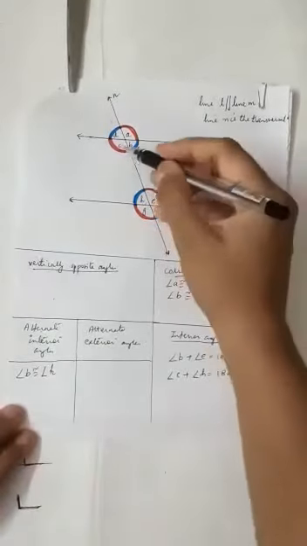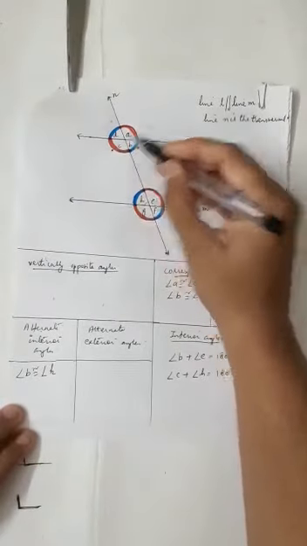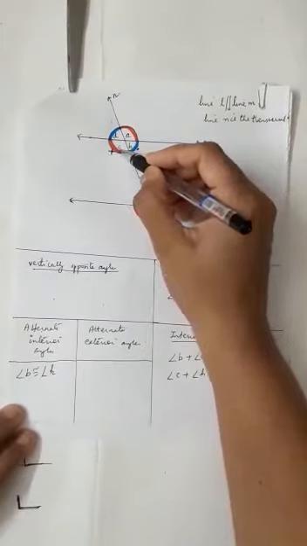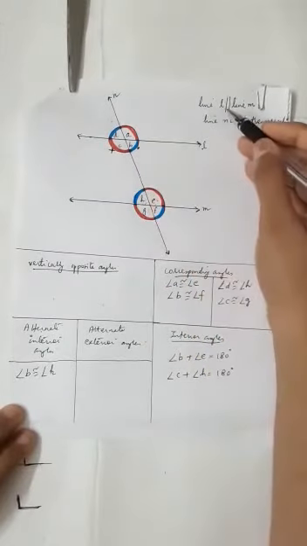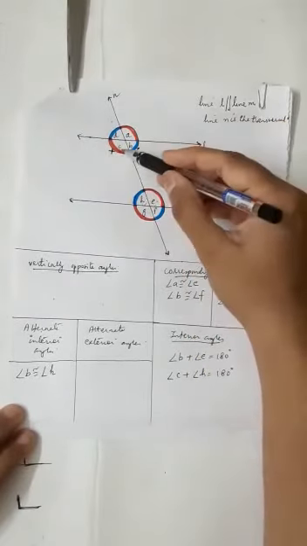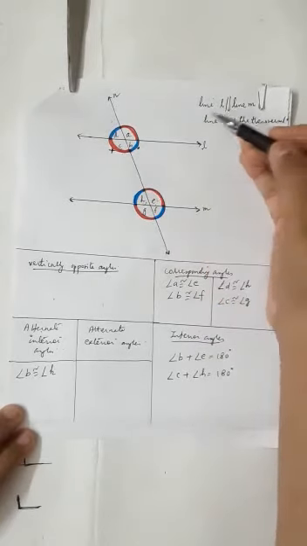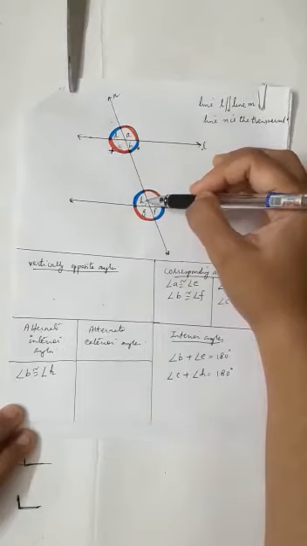In a similar way, when I say alternate angle of C, children, immediately after C is B along this direction, and immediately after C is H along this direction. So B and H I cannot take.